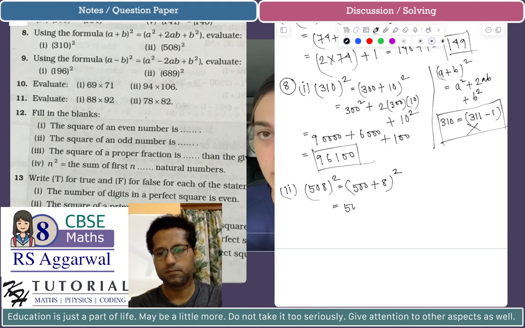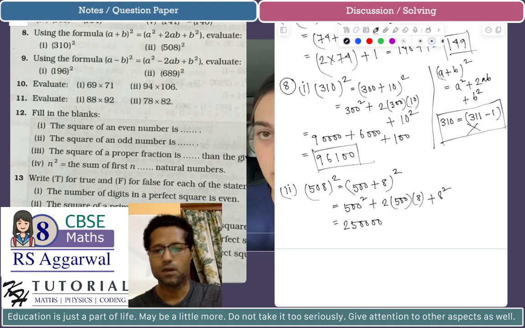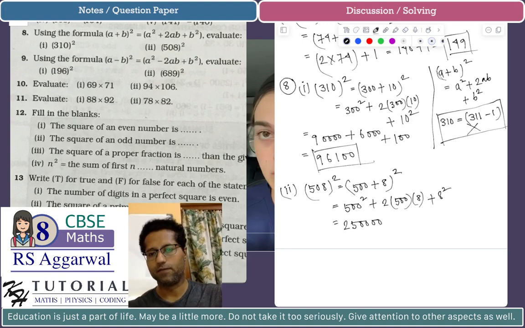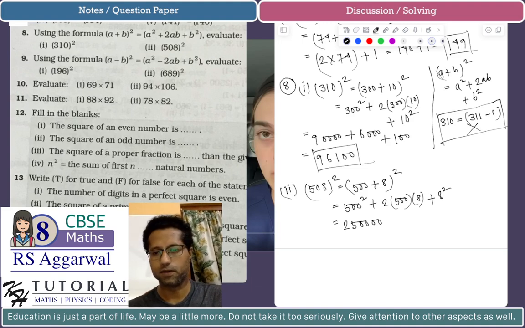So this is 500 square plus 2 into 500 multiplied by 8, and we have 8 square. Now this is equal to 250000. 500 ends with 2 zeros, so definitely the square will end with 4 zeros, and 5 square is 25.